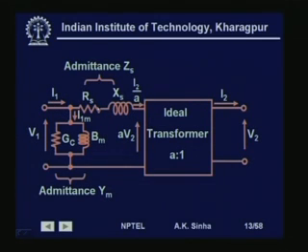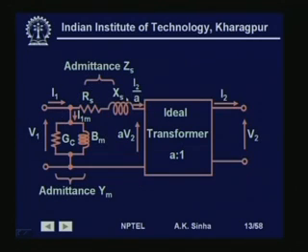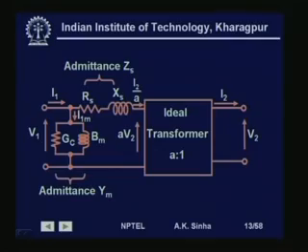So, we have shifted this here, and then we have combined these two resistances and reactances which come in series, and finally we have got a simplified model like this for the transformer. This is the mathematical model or the circuit model for a practical transformer.